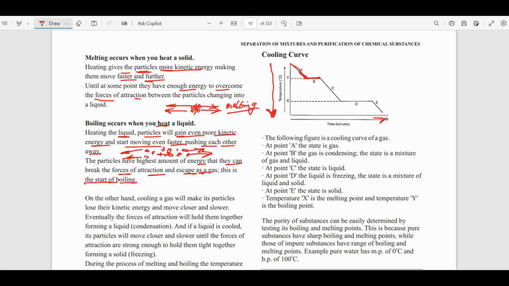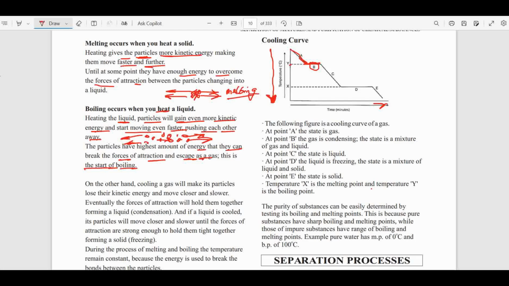So that's this point you have here, point Y, representing the boiling point, which is actually an interface between the gaseous phase and the liquid phase. All right. And then B will be a mixture of both gas and liquid.